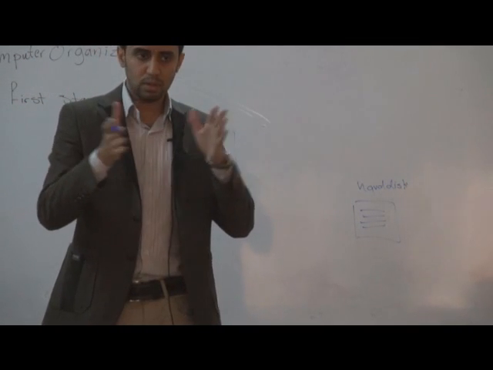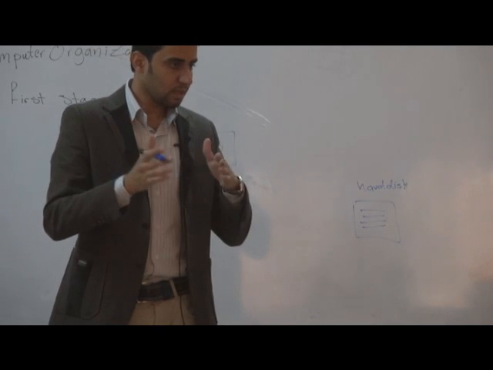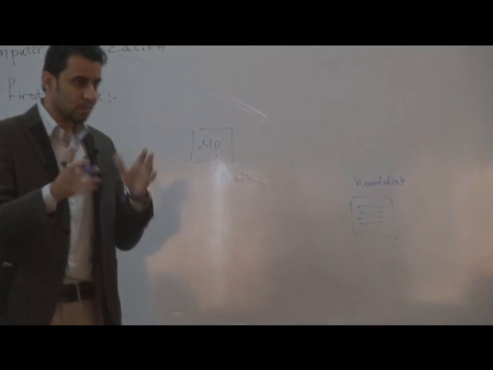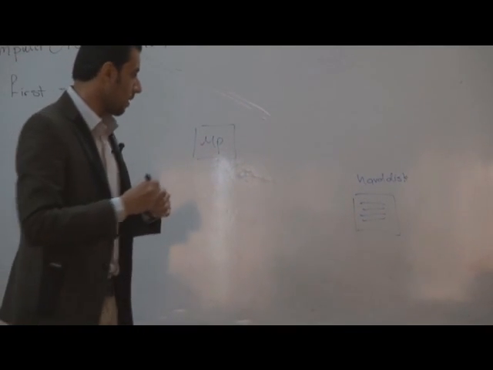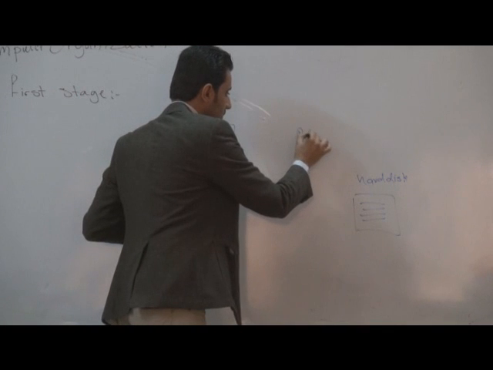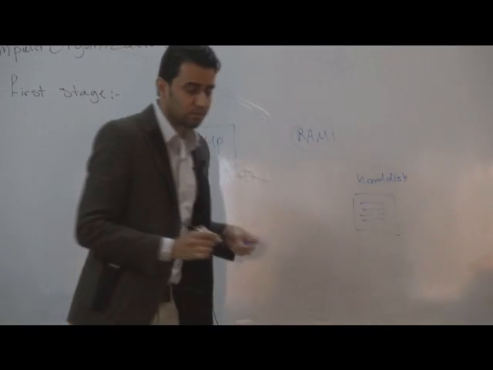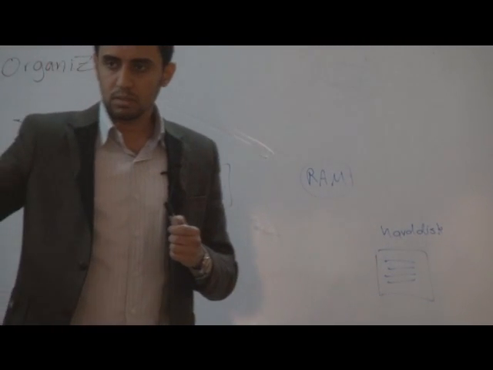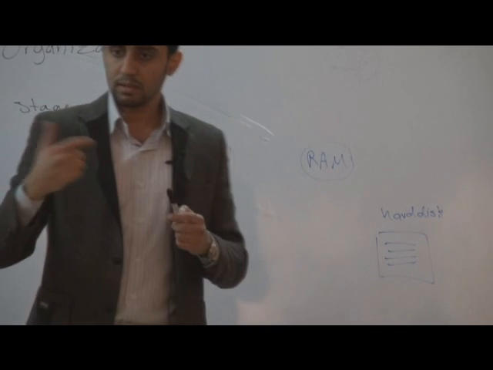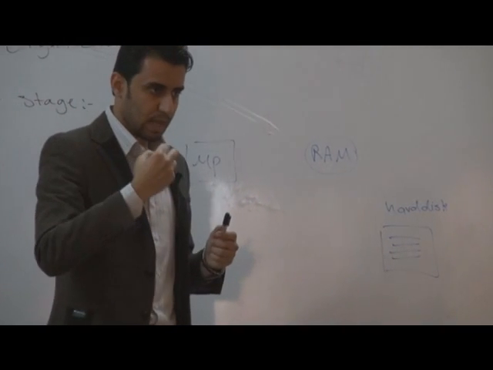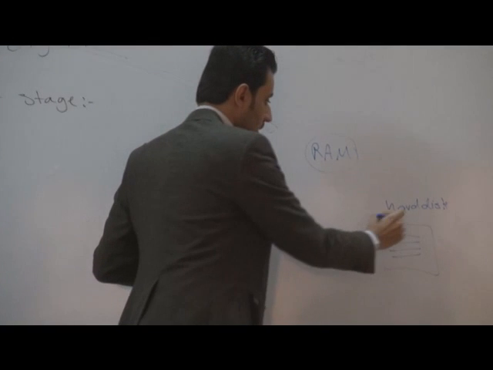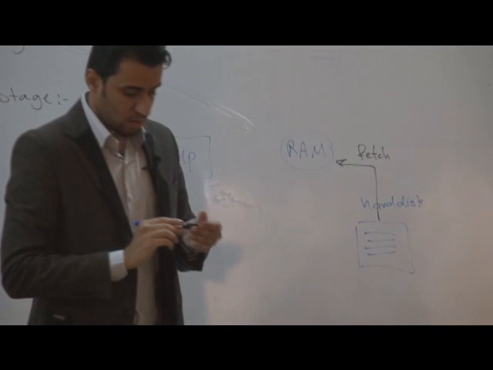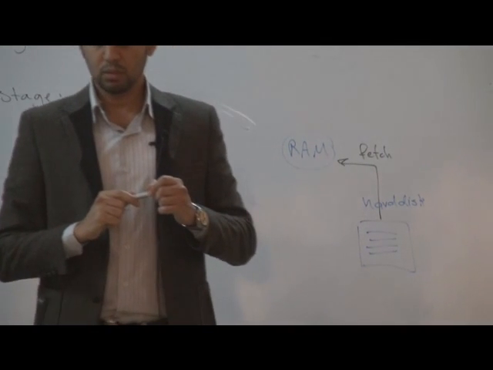We put something between them, something between the features of them. So we put RAM here. The major job of RAM is that it is divided into blocks. These blocks fetch the instruction or the data from the hard disk. What kind of data do we want to fetch?